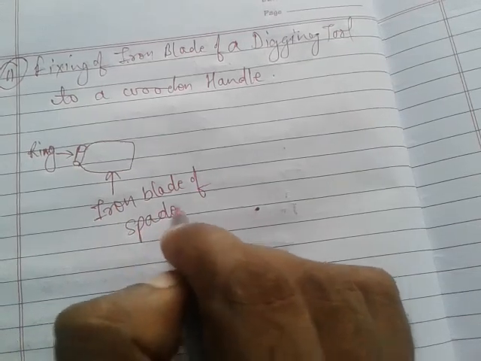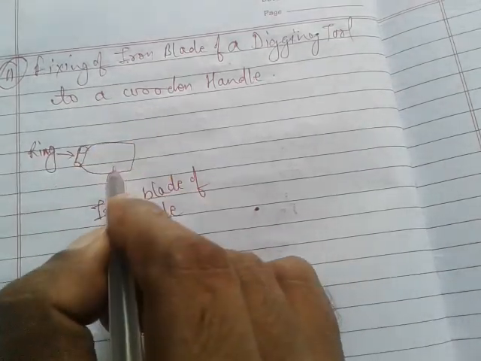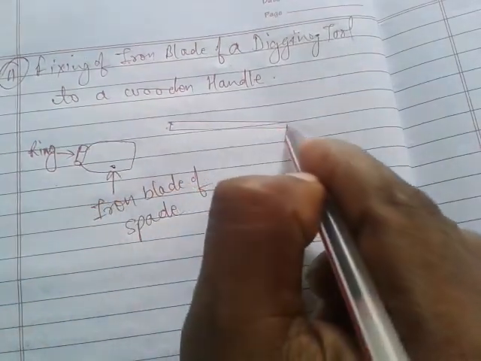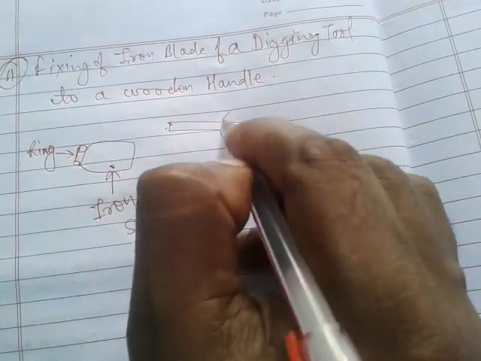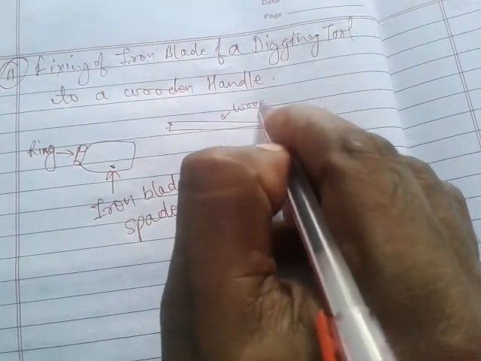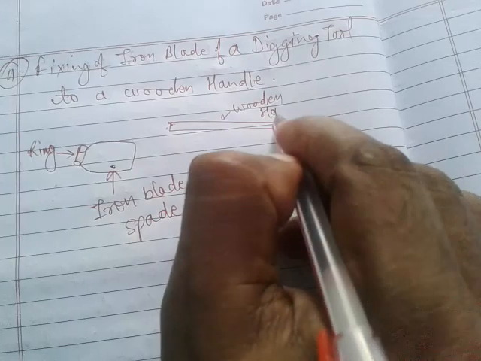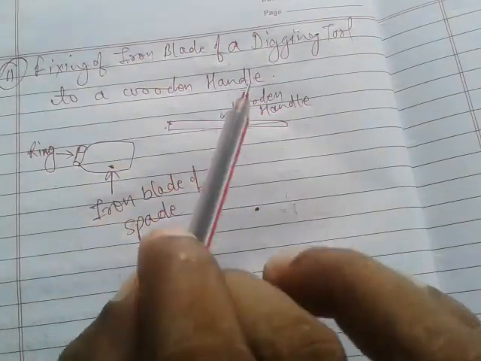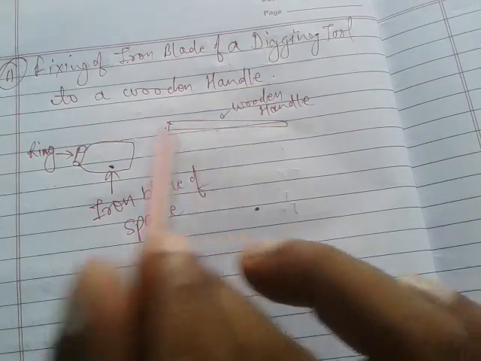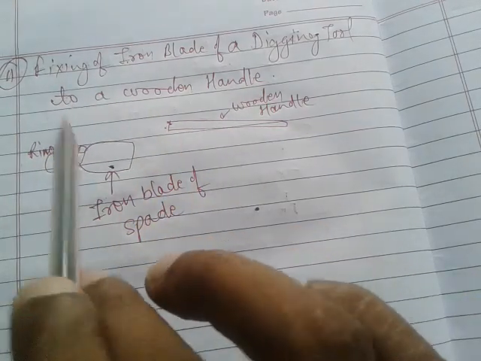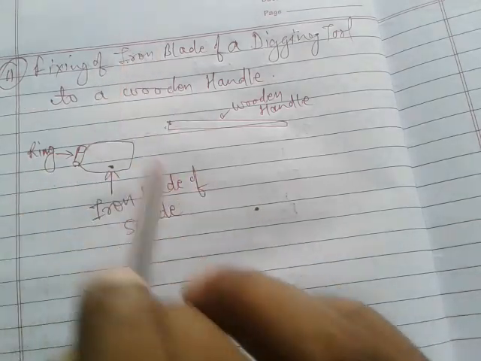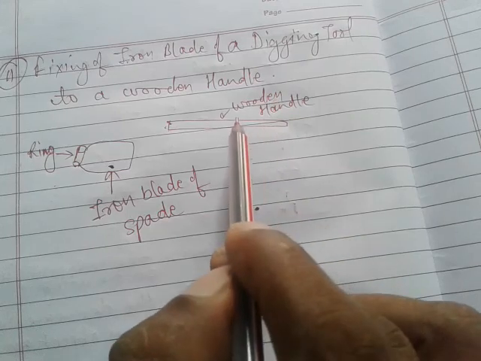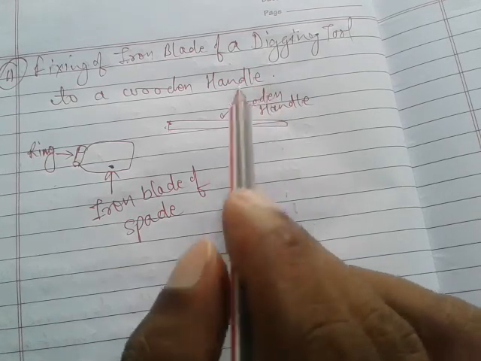In Hindi this is called fawda, and we have a wooden handle, and we want to fix this wooden handle inside the ring of the iron blade of the spade. Then how is it possible?